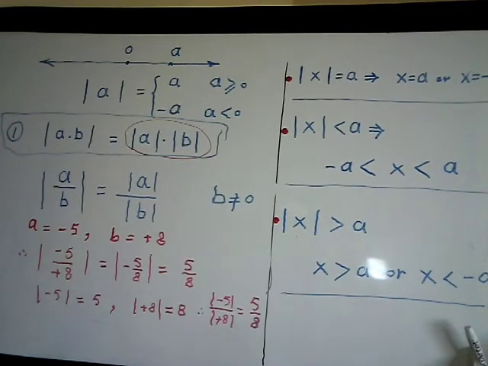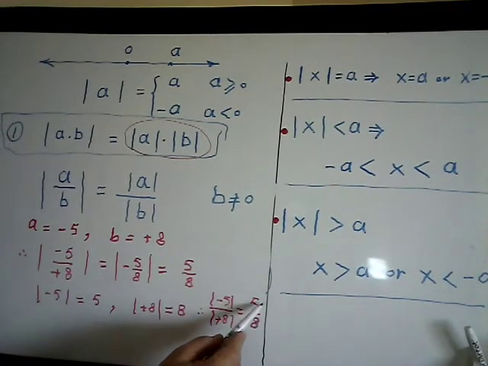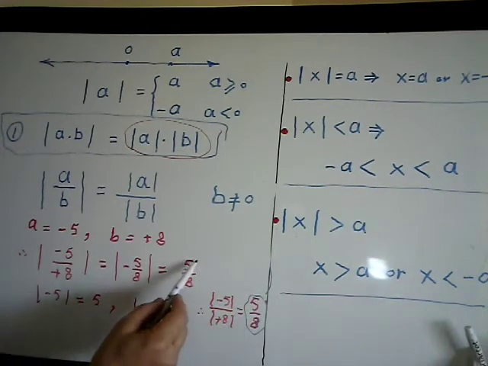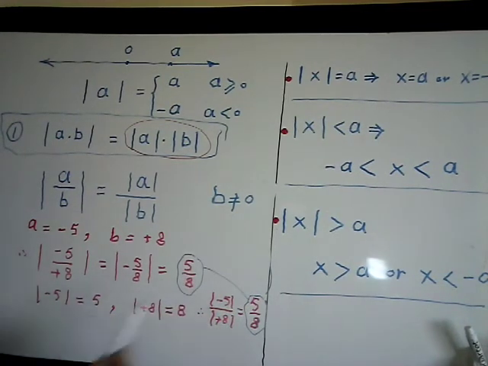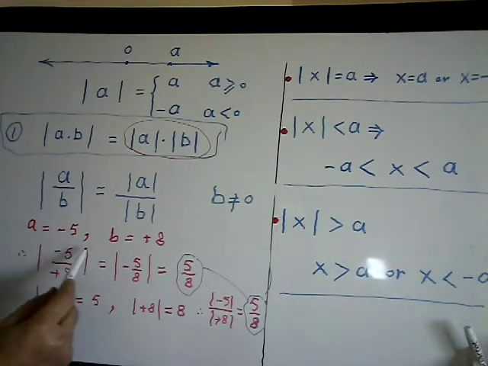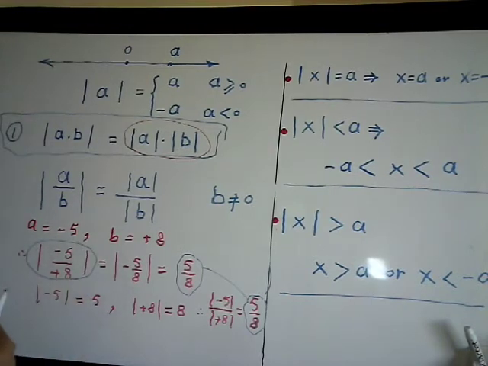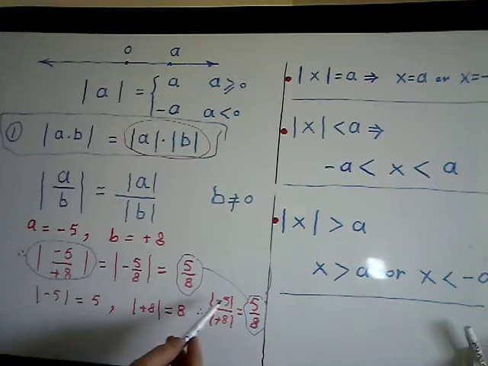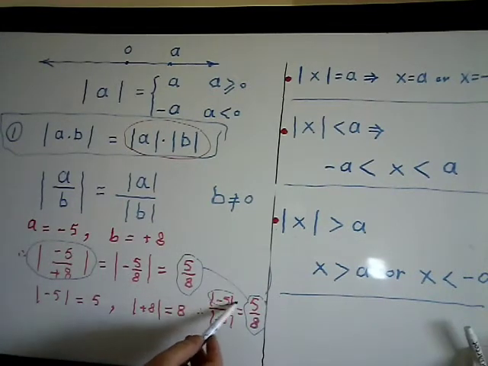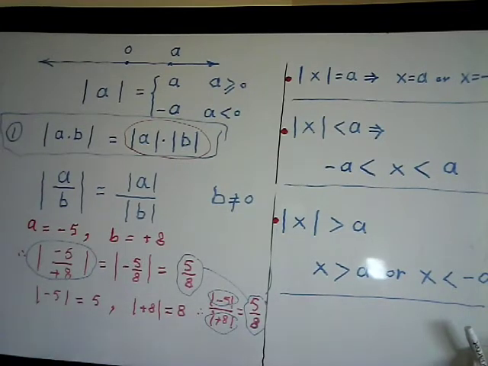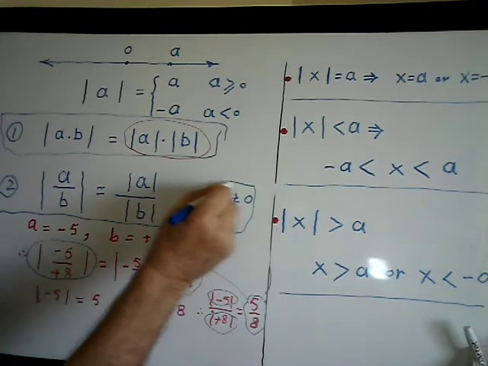By comparing the two answers, they are equal. That means we get the same result if we start with finding the absolute value of the result of division, or finding the absolute value of each number, then dividing them. This leads to the second rule here.